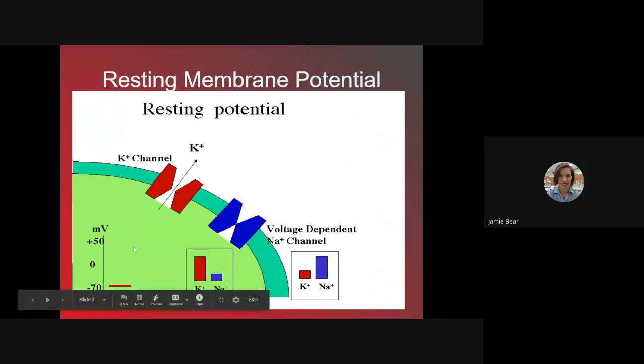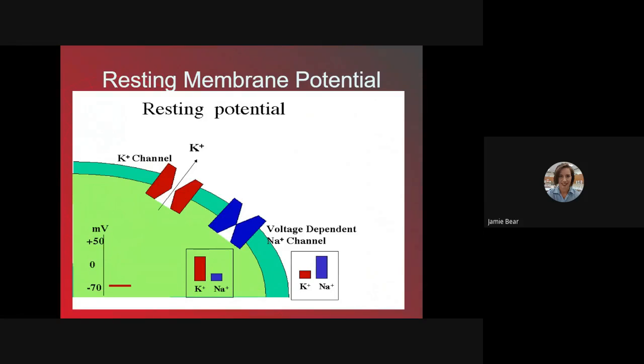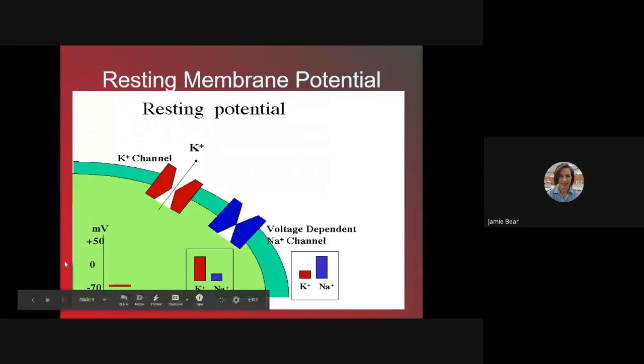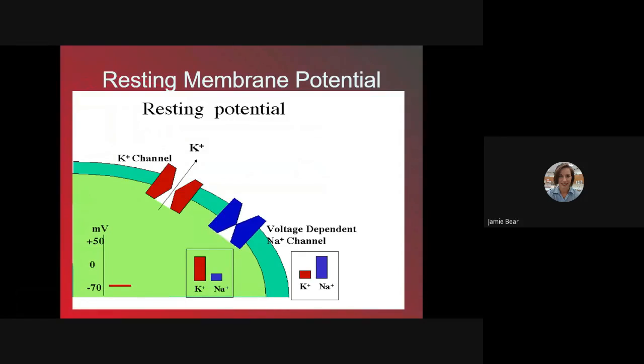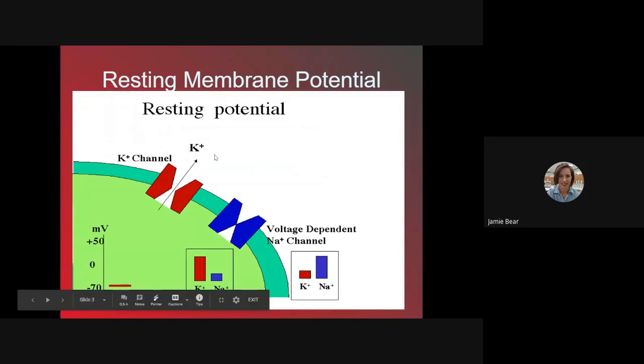For the cardiac myocytes, the resting membrane potential is about negative 90 millivolts. When it gets to be about negative 60 to negative 70, a contraction will actually take place. That voltage is dependent on the movement of sodium and potassium across the membrane.